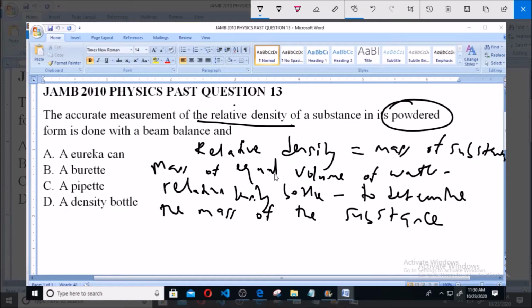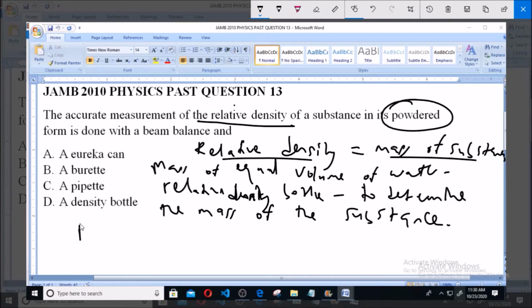So you are going to use a density bottle, like we said, a relative density bottle. Okay, you use the mass of an equal volume of water in a relative density bottle to determine the mass of the substance, and like we've established, the mass of the substance is equal to the relative density of the substance.